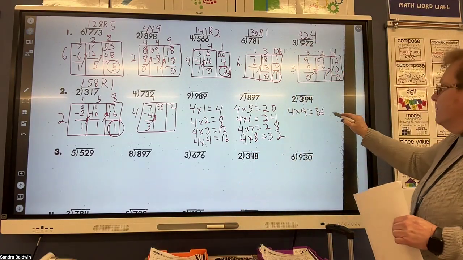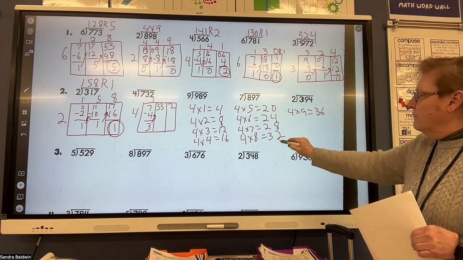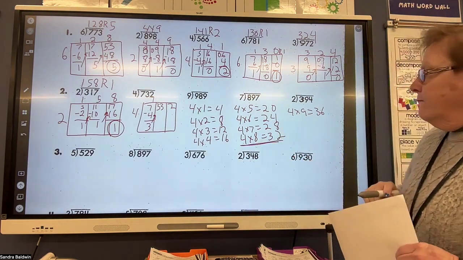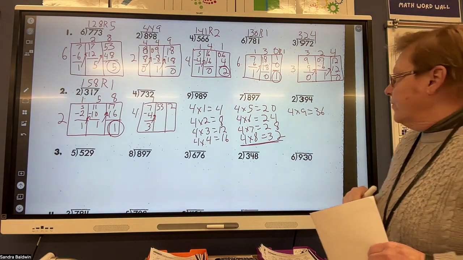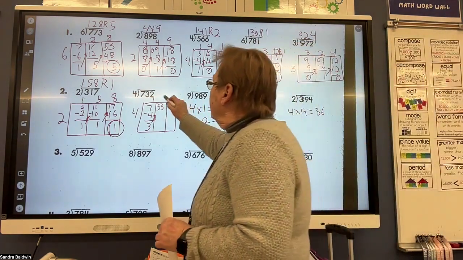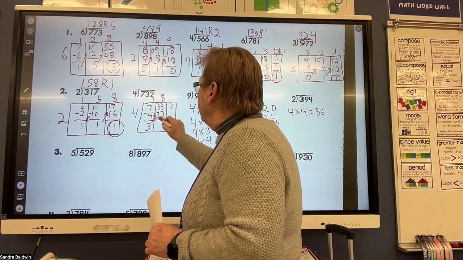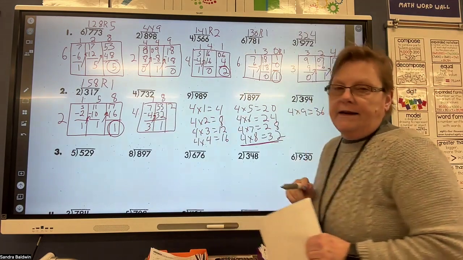All right, 36 is too much. So I'm going to back up to the fact before that, which is this fact here. 4 times 8 equals 32. So 8 times 4 equals 32. When I subtract that, I'm going to be left with 1.